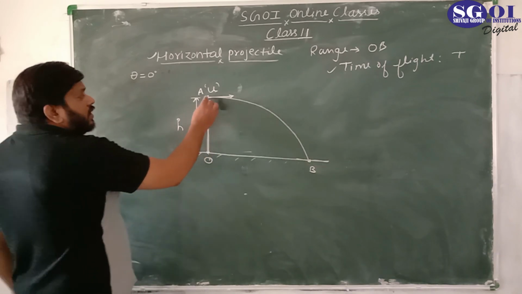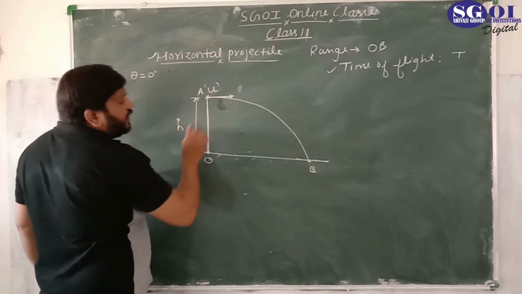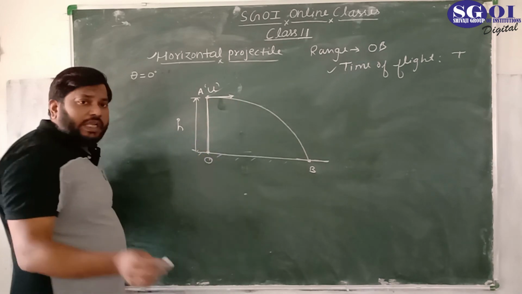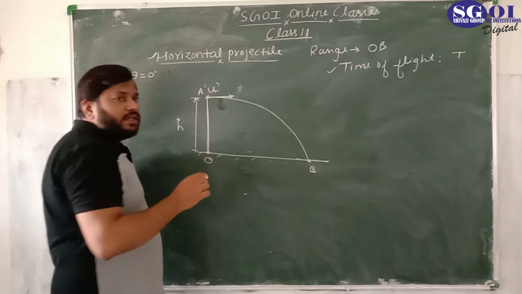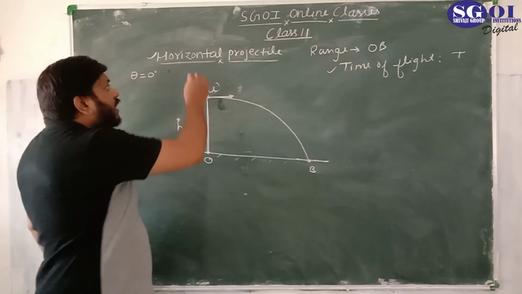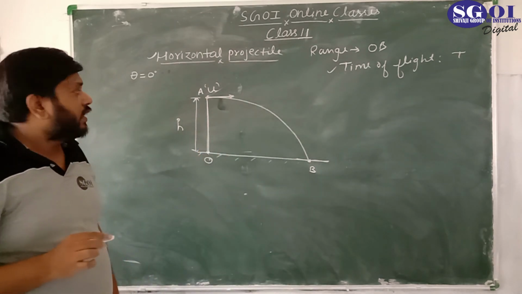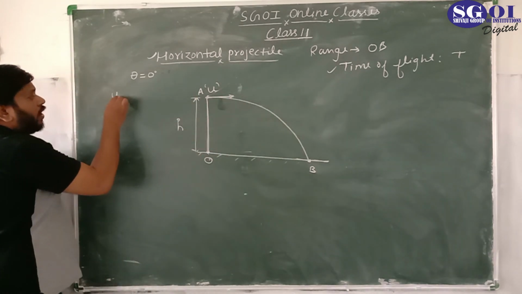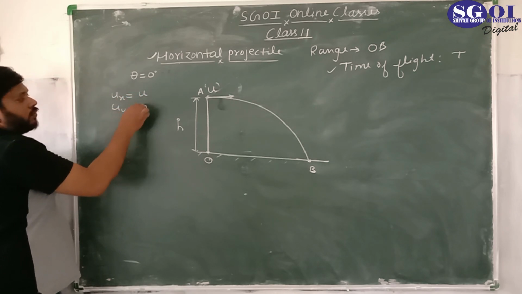It is 0, because it is not projected at an angle. It is projected horizontally. It could be projected at an angle, but for this particular case, which we are going to discuss, it is projected horizontally. So there is no vertical component. It means here ux is u and uy is 0.